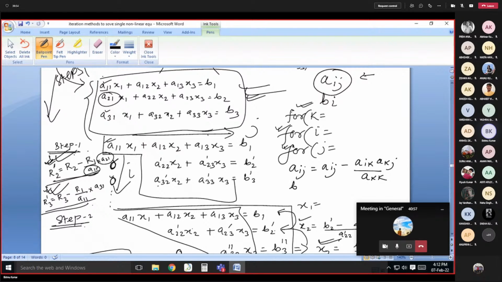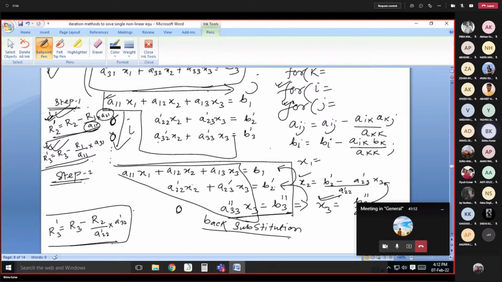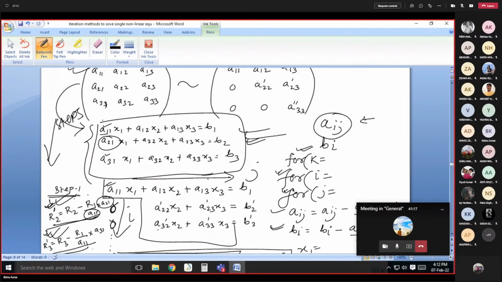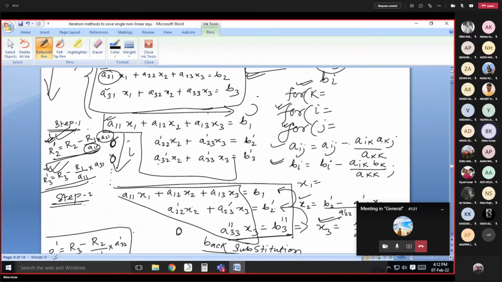Similarly, right hand side, Bi will be built from old Bi minus Aik Bk by Akk. So within these three loops, if you are able to arrange these two operations, input will be replaced by upper triangular matrix Aij.